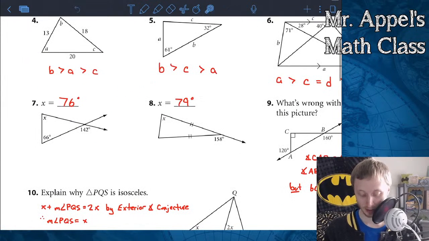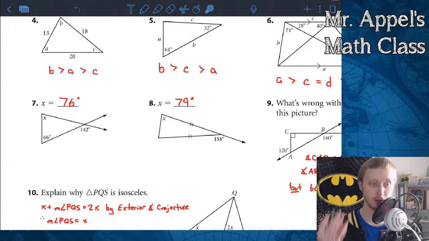All right, 7 and 8. Find the missing measurement here. This makes use of a little thing we call the exterior angle conjecture, which is a shortcut, if you will. I know the three angles in this triangle, including this unmarked one, add to 180. I also know that this angle plus the 142, being a linear pair, will add to 180.